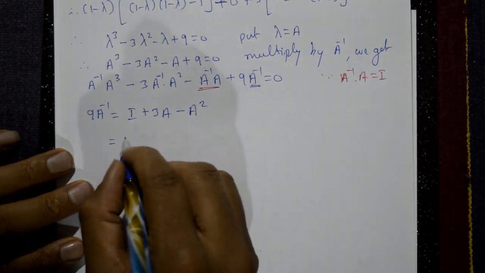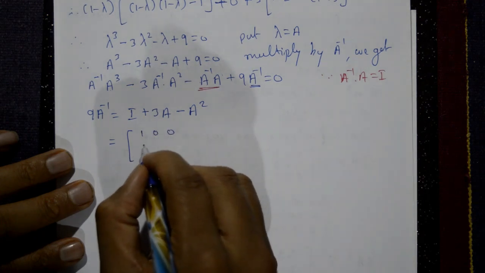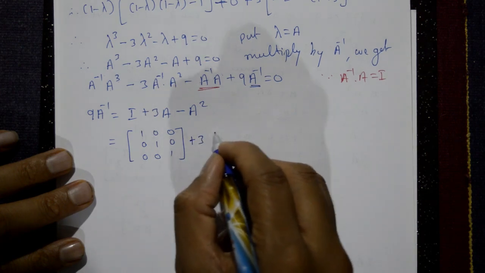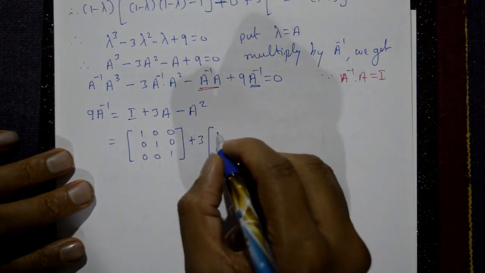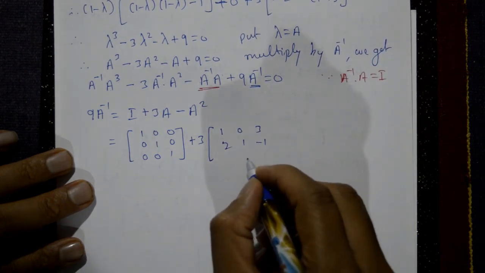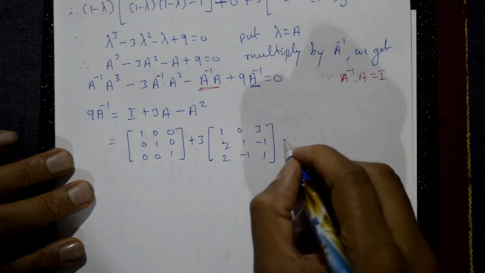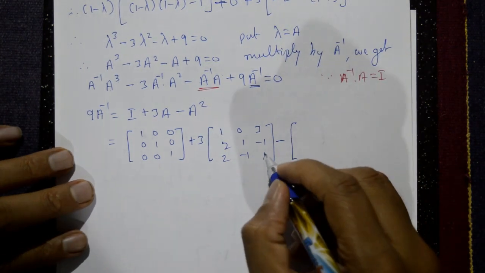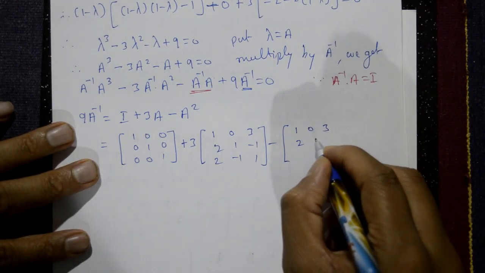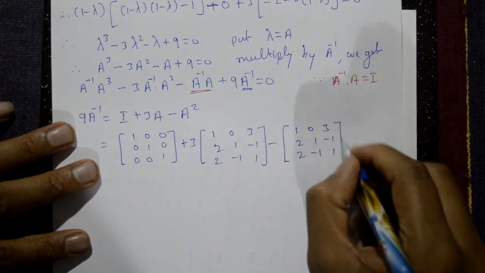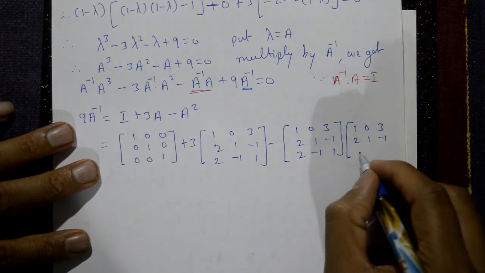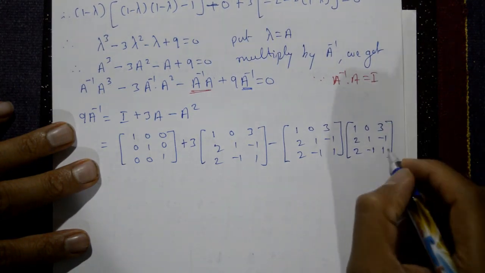Now this is equal to the unit matrix 1 0 0, 0 1 0, 0 0 1, plus 3 into A, the given matrix 1 0 3, 2 1 minus 1, 2 minus 1 1, minus A squared, meaning multiplication of 1 0 3, 2 1 minus 1, 2 minus 1 1 into one more A, 1 0 3, 2 1 minus 1, 2 minus 1 1.